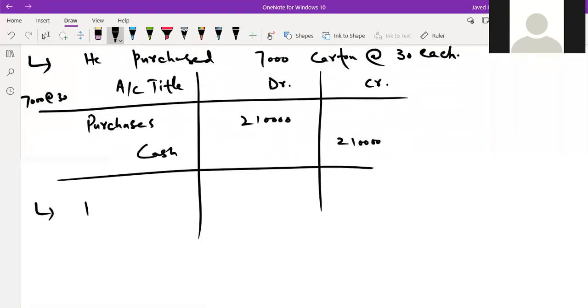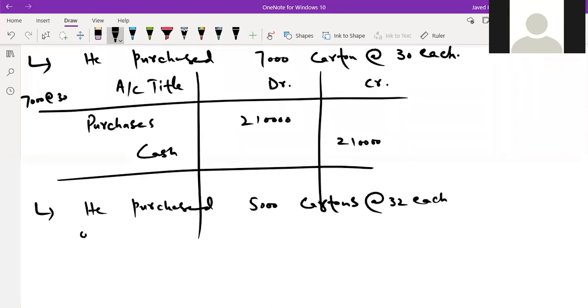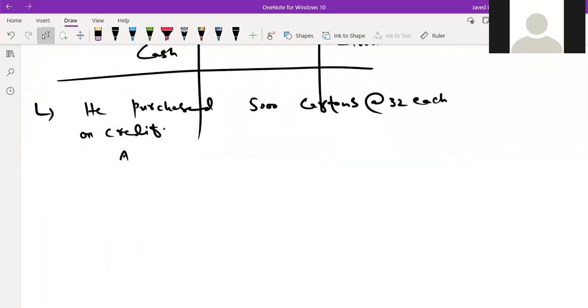For example, your next transaction is we purchased 5,000 cartons, 32 each, on credit. So how would you record this? On title, debit.